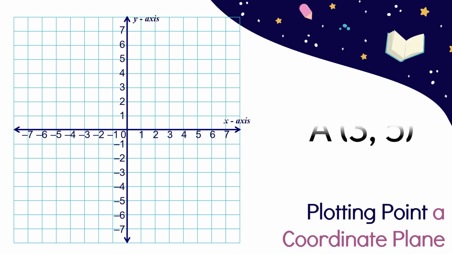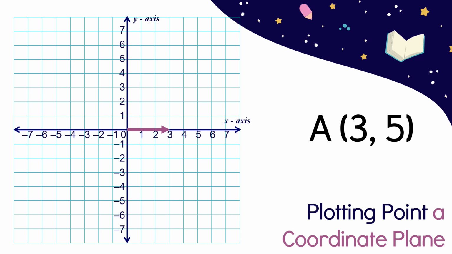So let us plot the point (3, 5). This is actually point A. By the way, in naming a point, we use capital letters. In order for us to plot (3, 5), again, we begin at our origin (0, 0). Then we move 3 units to the right since 3 is positive.